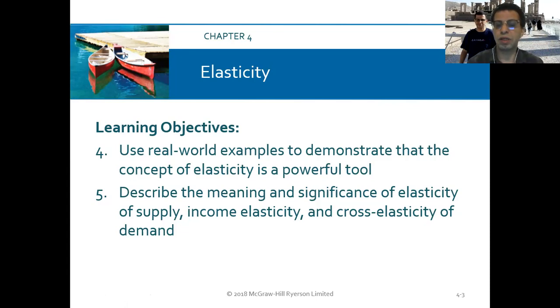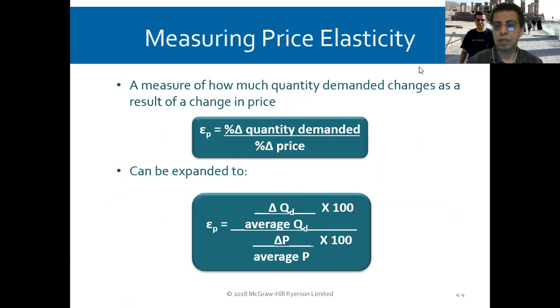So we're going to use some real examples to demonstrate that the concept of elasticity is very powerful. And we are going to describe the meaning and significance of elasticity of supply, income elasticity and cross elasticity of demand. So what's an elasticity?